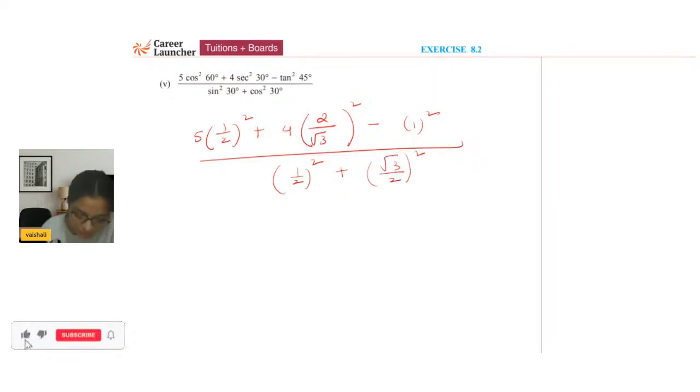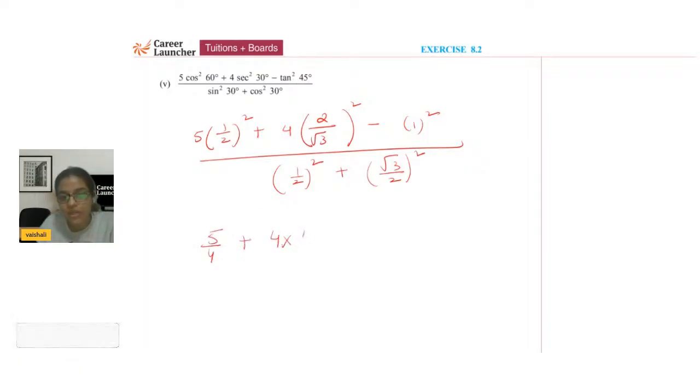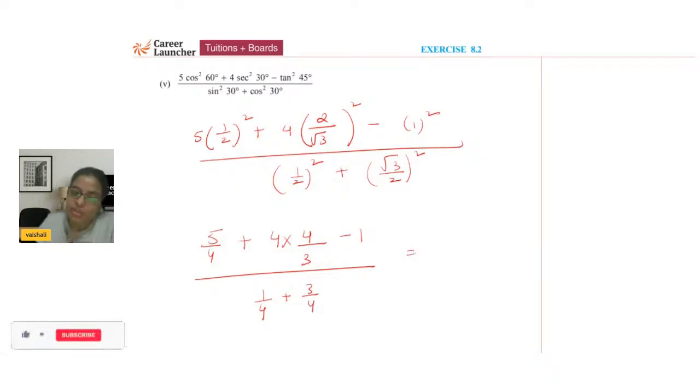So this is what you will have to simplify further. 5 by 4 plus 4 into 4 by 3 minus 1, 1 by 4 plus 3 by 4. So the denominator is 1.